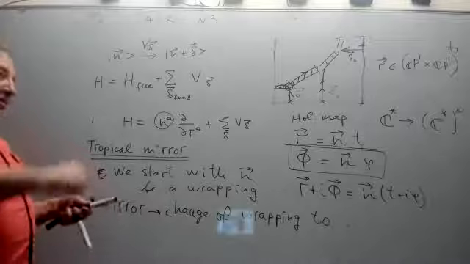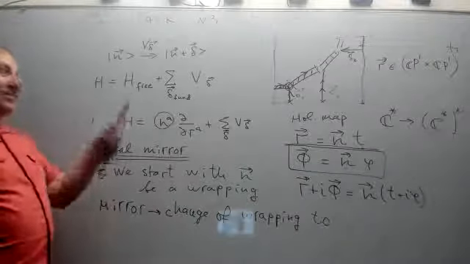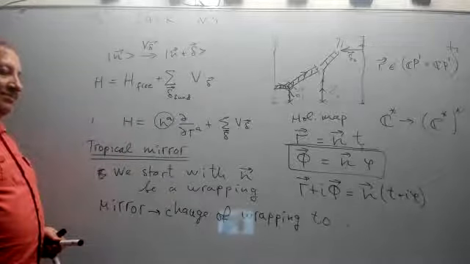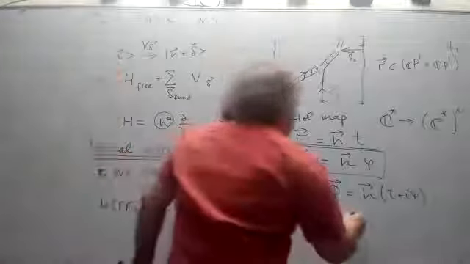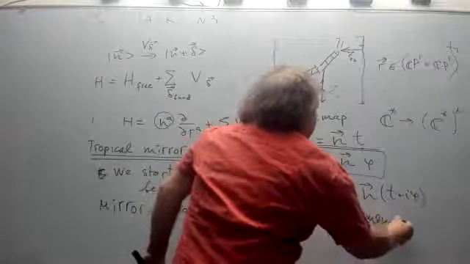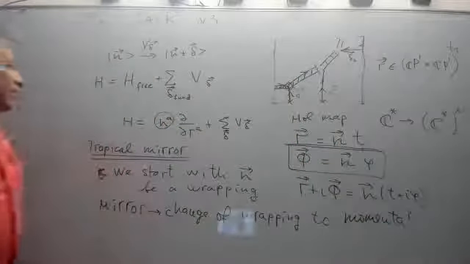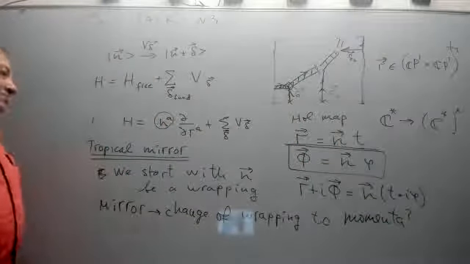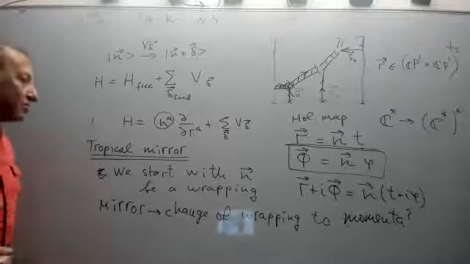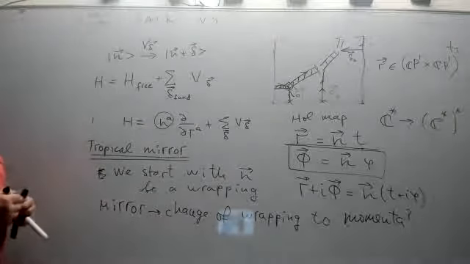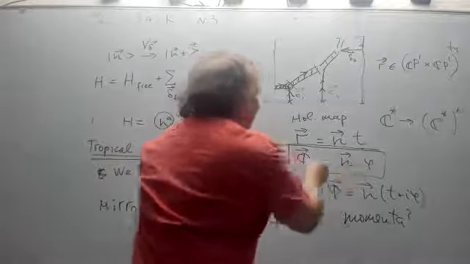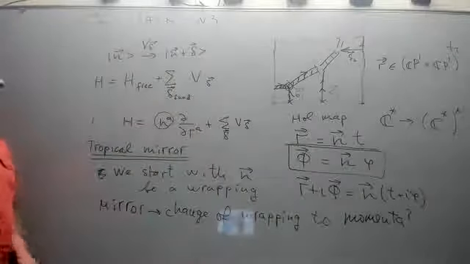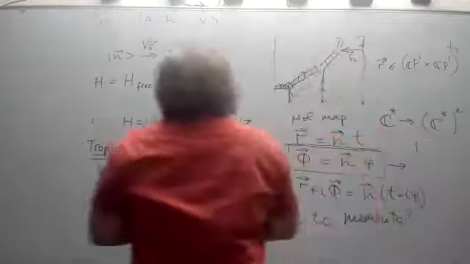So what is mirror? You change the wrapping that we discussed by momentum. But the equation, of course, is momenta where? Momenta in the dual circle. Okay? So it means that instead of writing things in terms of wrapping phi, I should go to the dual circle.